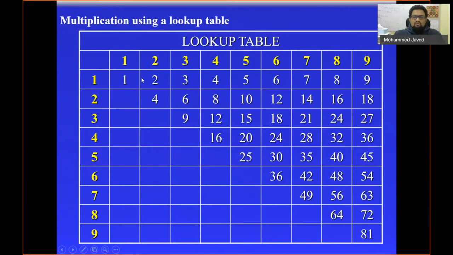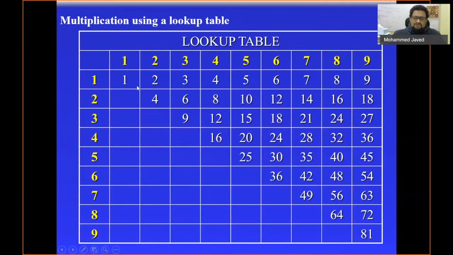This is the table of 1 and this is the table of 2. So 2 into 1 is 2, 2 into 2 is 4, 2 into 3 is 6, 2 into 4 is 8, 2 into 5 is 10, and similarly it goes on. In the worst case, in order to store these tables of 9, I must have 9 into 9, that is 81 locations. So I need a memory of 81 locations.